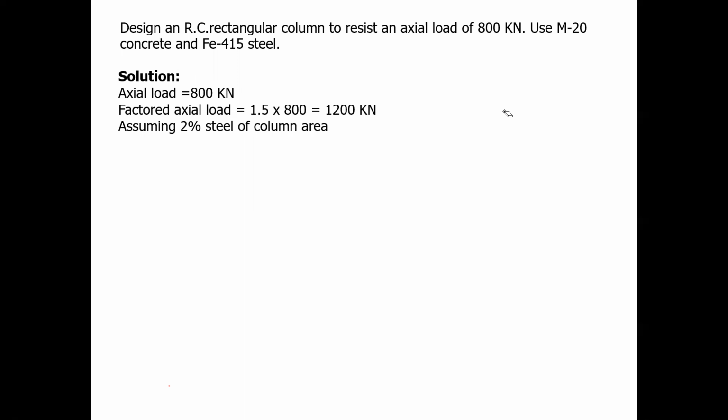Area, correct. So here Asc you have to assume 2%, right? 2% of the area, isn't it? Yes, sir. So if Asc is 2% of the area, what about Ac? Area of concrete. So here we assume that the 2% of steel area, right?